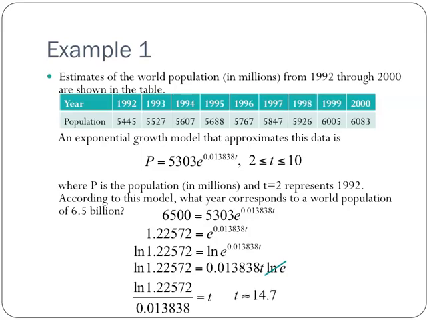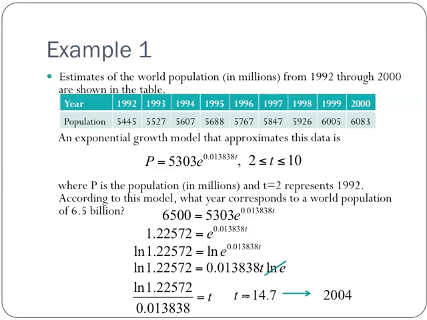which means 14 years after 1990 would correspond to 2004. Now, I know it's unclear whether this population corresponds to the beginning of that year or the end of that year.